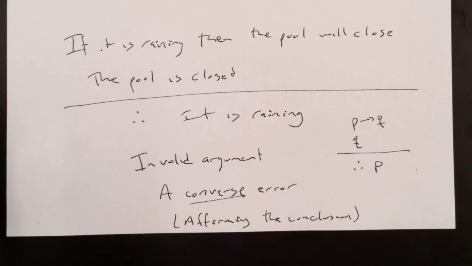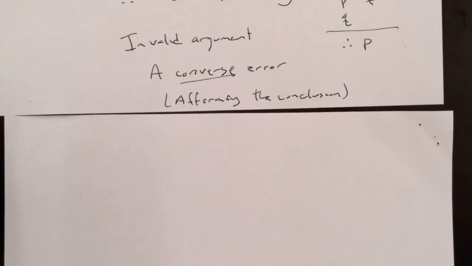Here's another mistake. If it is raining, then the pool will close. It's not raining. Pool is open. Is that valid or invalid?